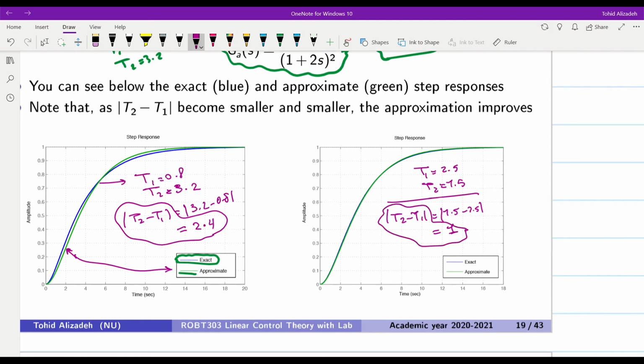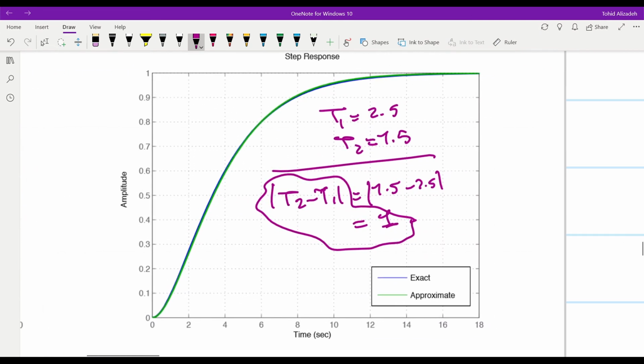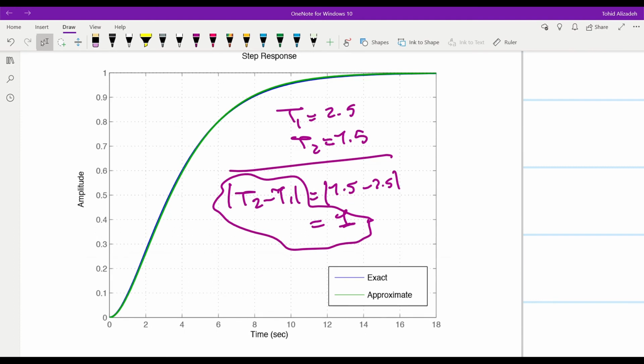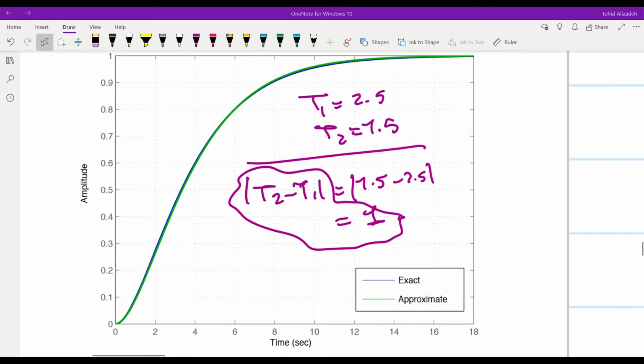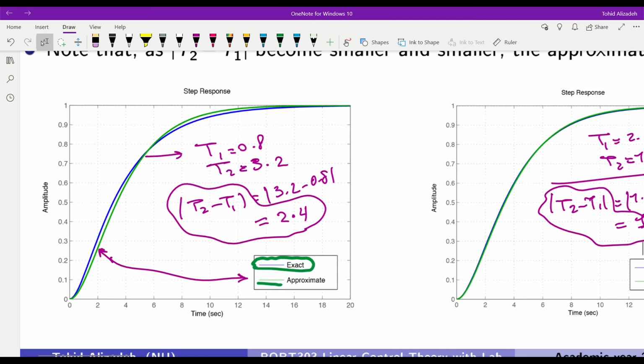As the difference between T2 and T1 becomes smaller and smaller, the approximation that we have for the system will improve. And you can see here that the blue and green ones are behaving very similar to each other, while in the case of G1, where T2 minus T1 is equal to 2.4, they are different at the beginning at least.